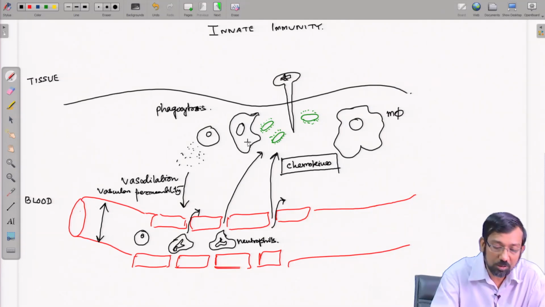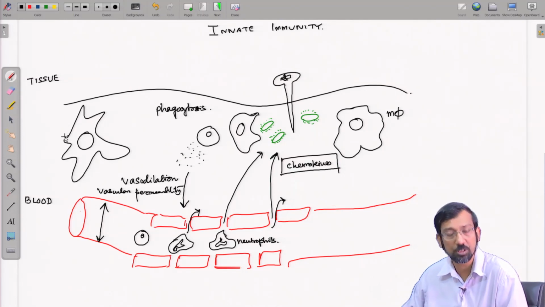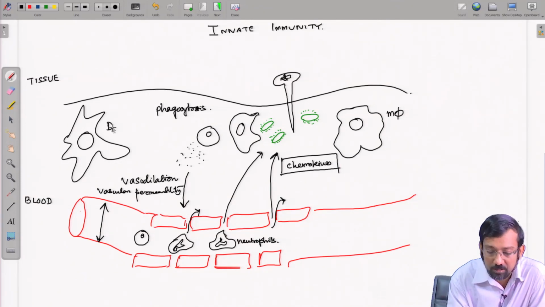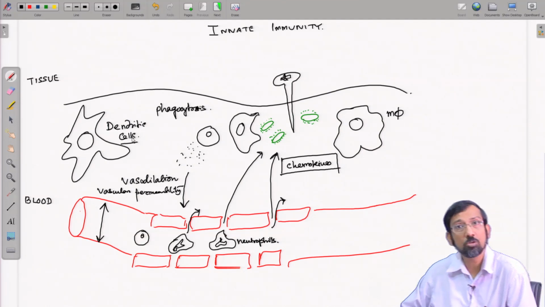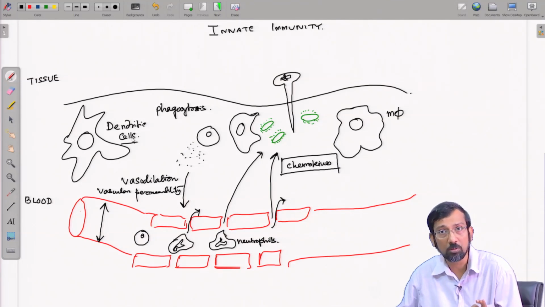and there are also the tissue dendritic cells present here. These dendritic cells are one of the most important cells of the immune system. So, these are the dendritic cells. So, what do these dendritic cells do? The dendritic cells have a very important role to play.